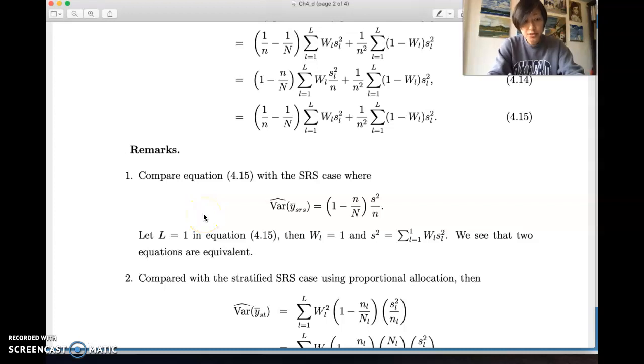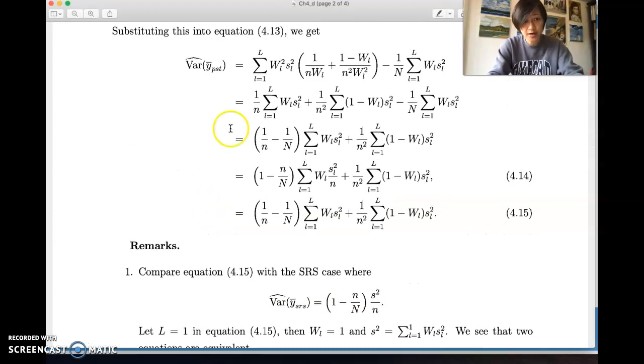All right, then under post-stratification, we have found the estimated variance equations 4.14 and 4.15, okay?